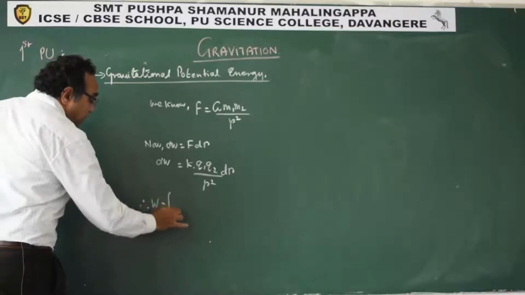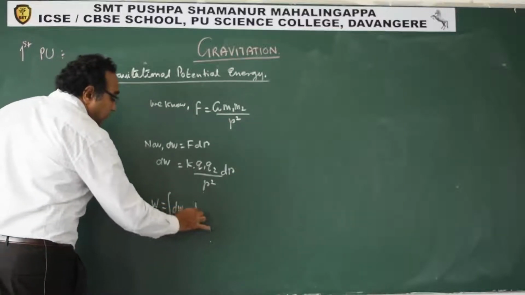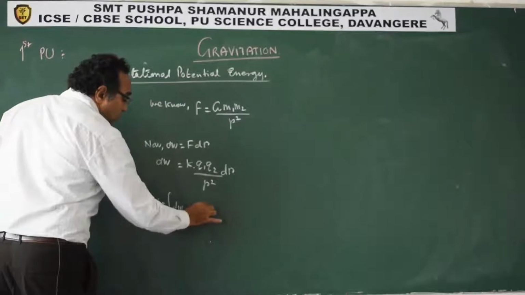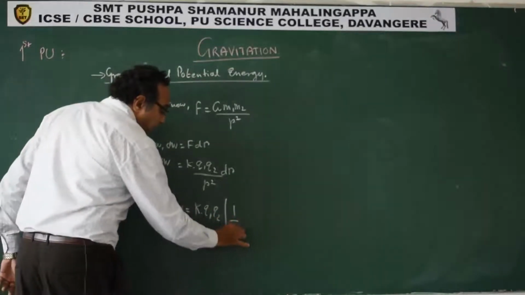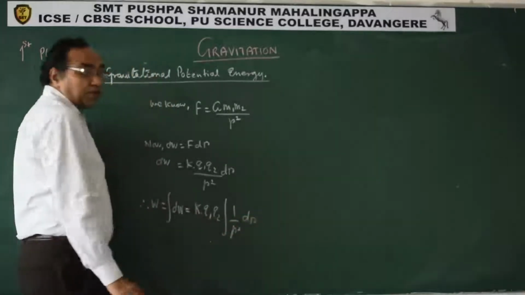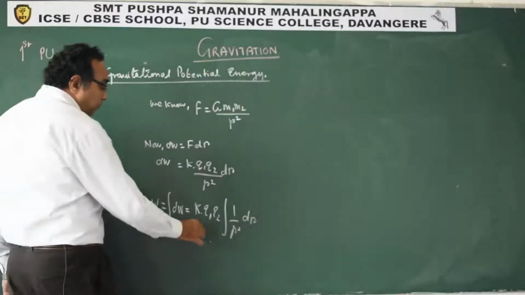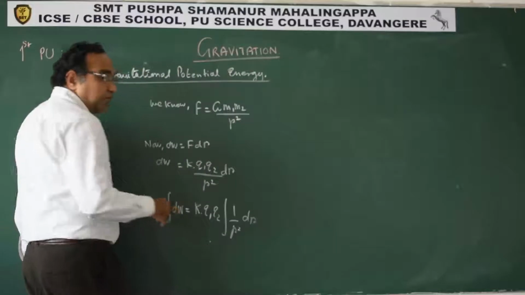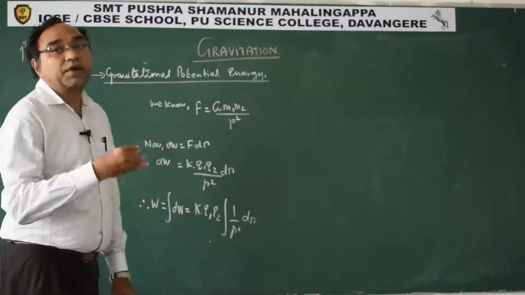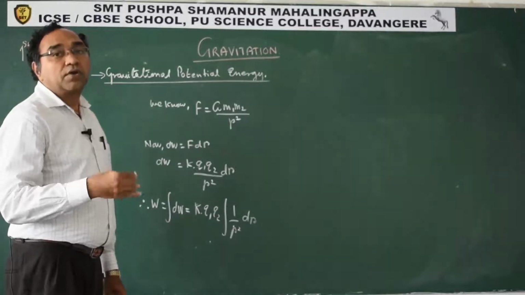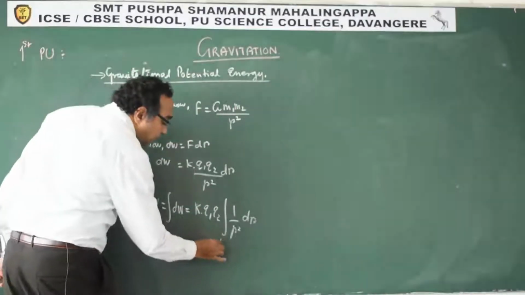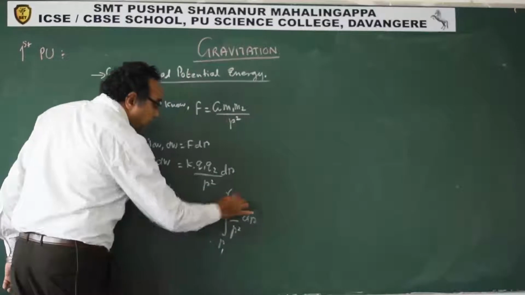So therefore W is the integration of dW. So that is G m1 m2 times the integration of 1 by r square dr. Suppose that we are moving from infinity to a particular point. Initial point is infinity, or let us say you are moving from r1 to r2.